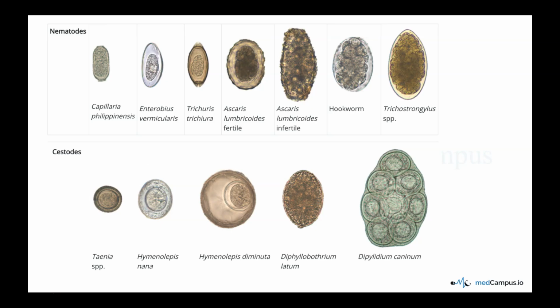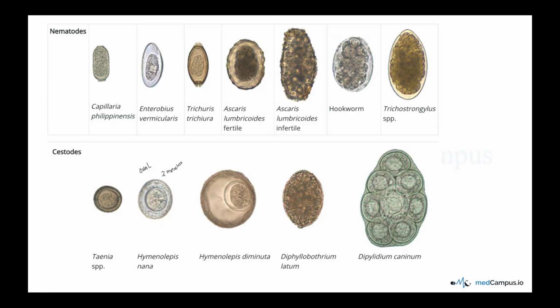The next one is Hymenolepis nana. It's a smaller one again, and it is not spherical. Look at the shape, it is oval. The characteristic feature here is a 2-membrane shell.